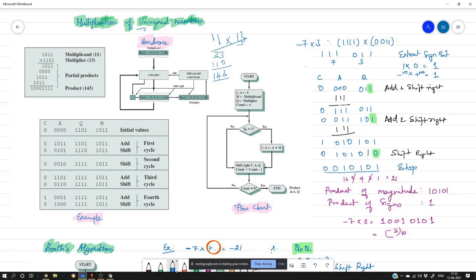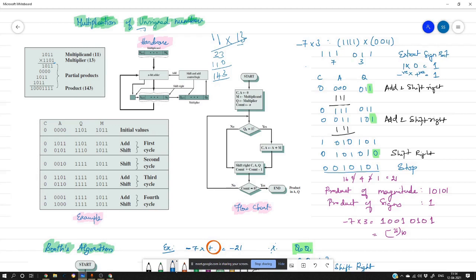So now what we do is we'll just take the LSB. This 1 is considered, and you just multiply this 1 with every bit of the multiplicand. So if you have 1 here in the multiplier considered for multiplication, what we do is we just simply take the multiplicand in the partial product. I hope this is easy and understandable. So if the multiplier bit is 1, then you're going to just have this 1011, which is the multiplicand here, copied to the partial product.